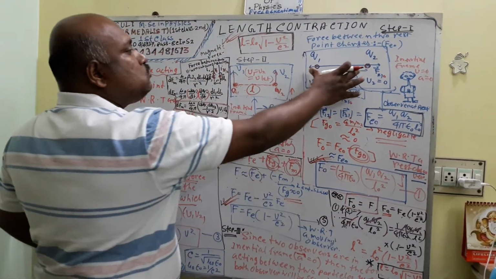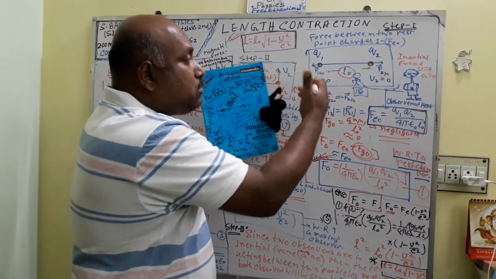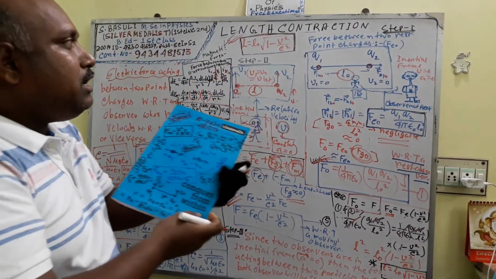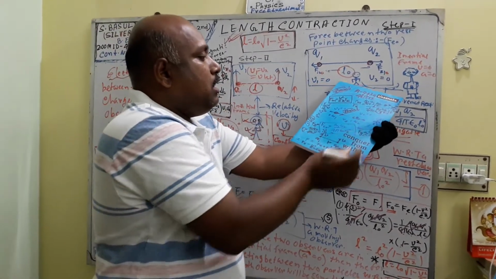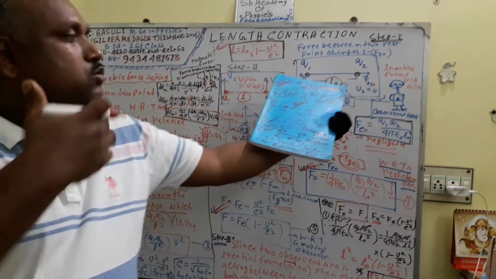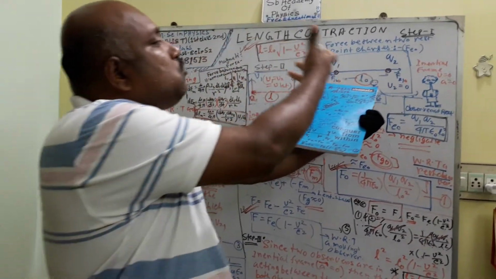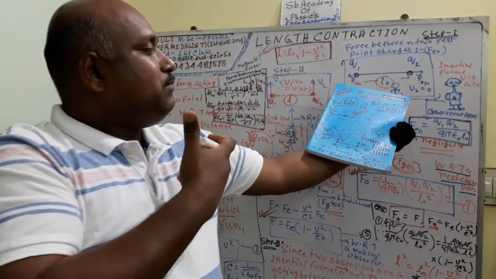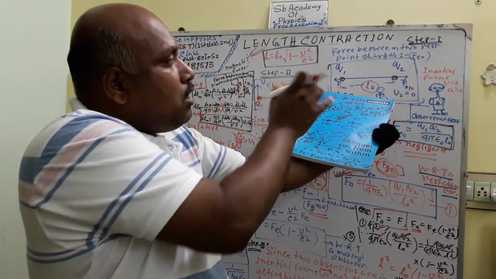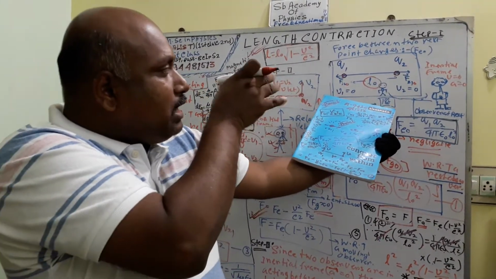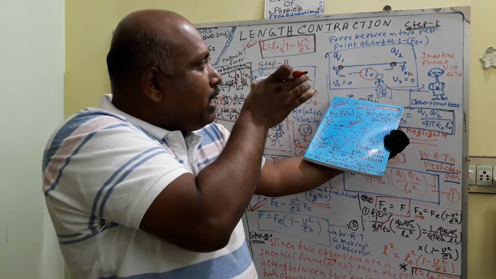But when these two point charges are in motion with respect to another observer, let the two point charges be here and I am moving away from them. With respect to me, these two point charges are at a distance L naught, but this length changes to another length.